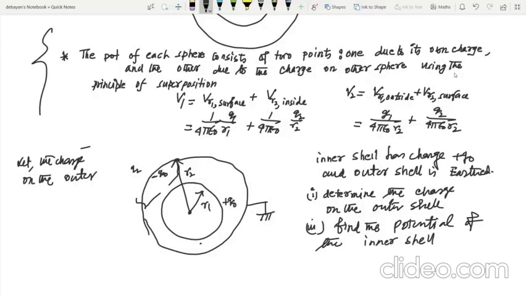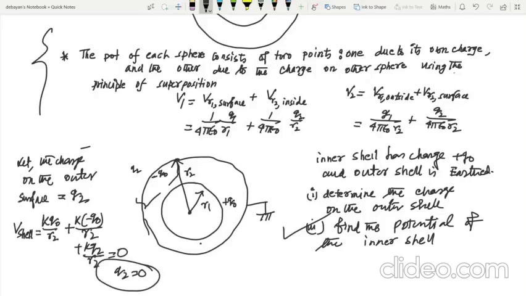And now if you want to find the potential of the inner cell, how will it be for the inner cell?